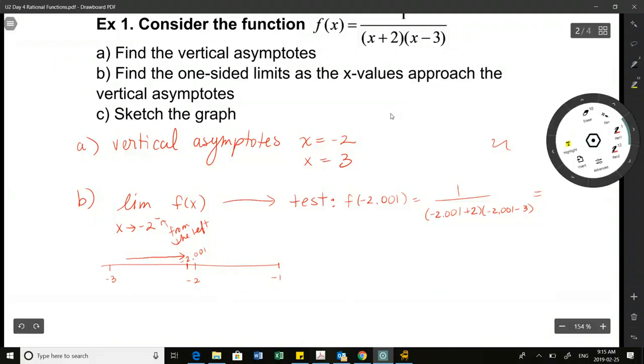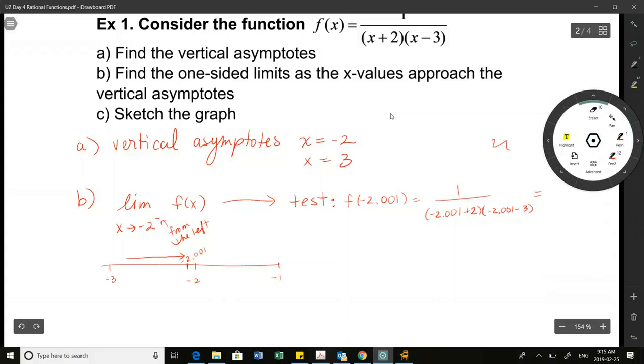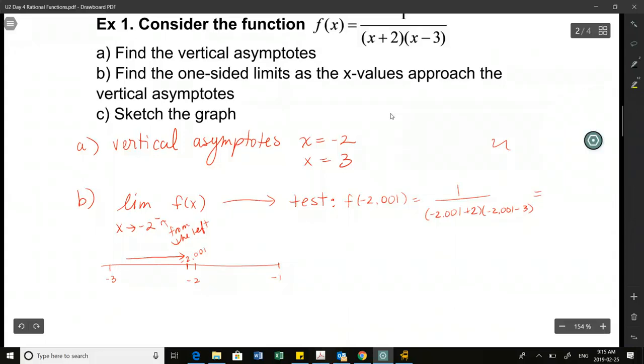Sorry, I'm trying to get this to erase and I'm having trouble. What did you guys get? Okay, but what number do we get from this? I did -2.001. Oh yeah. So did I. Okay, that's fine.